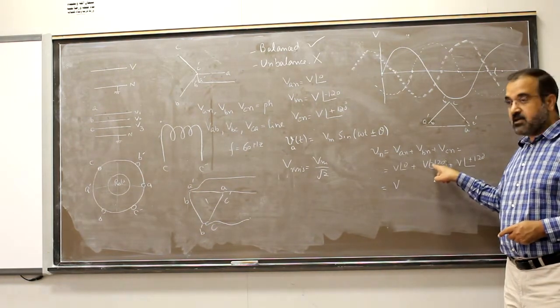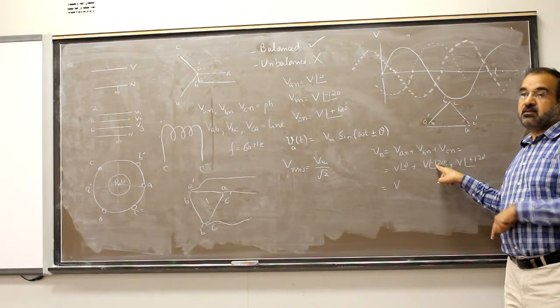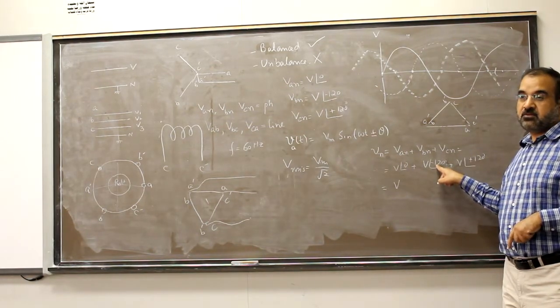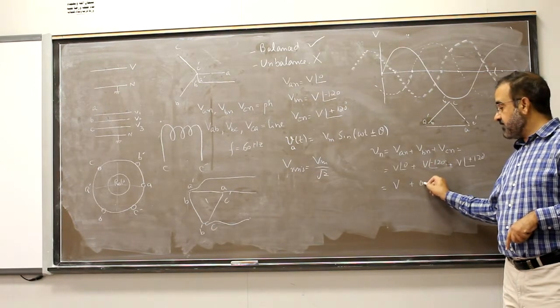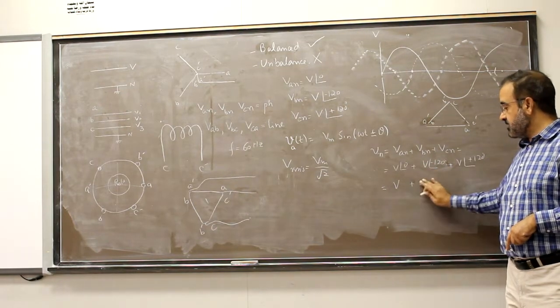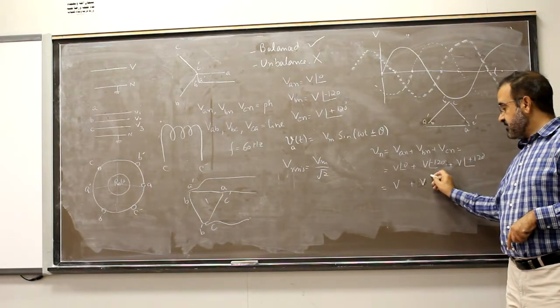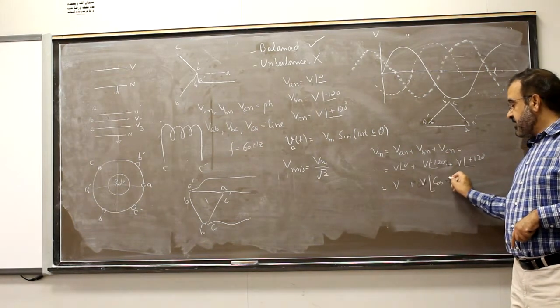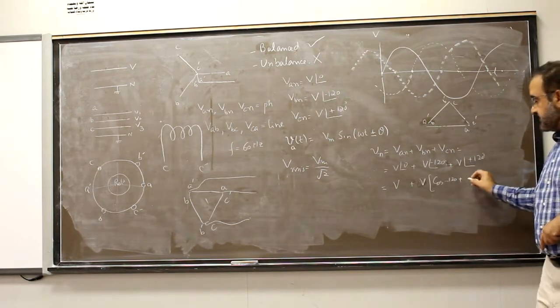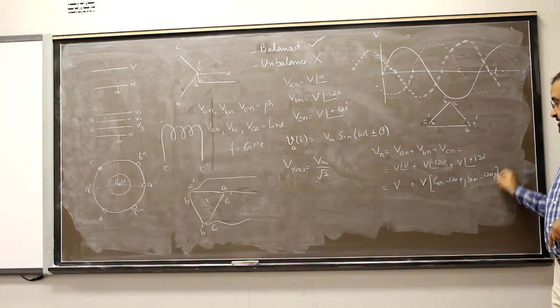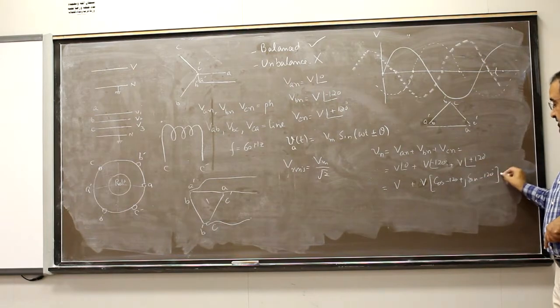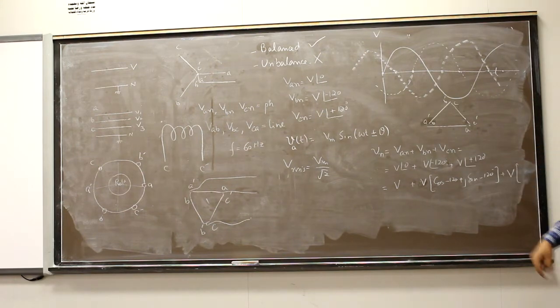Here convert this into rectangular form. So what you will do, you will get V, plus V cosine minus 120 plus J sine minus 120. Yes, here also plus V into cosine 120 plus J sine 120.